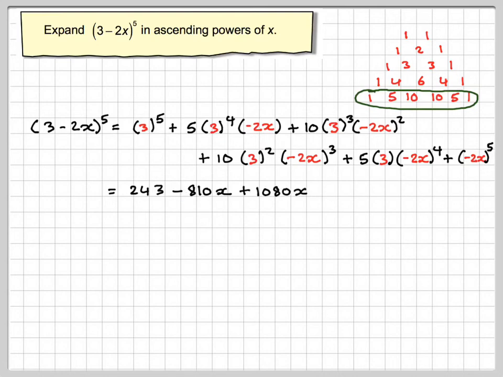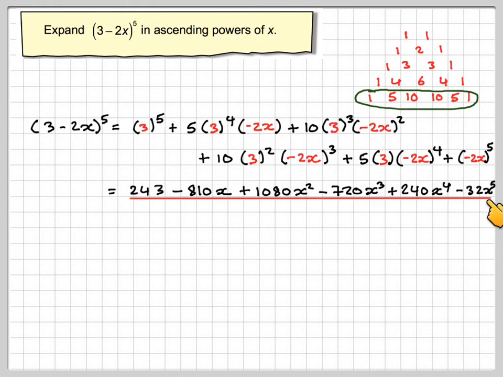Here we do 10 times 3 cubed times minus 2 squared. Here we do 10 times 3 squared times minus 2 cubed. Notice the term is negative. And then we do 5 times 3 times minus 2 to the power of 4, plus (minus 2x) to the power of 5, so it'll be minus 32x to the power of 5.